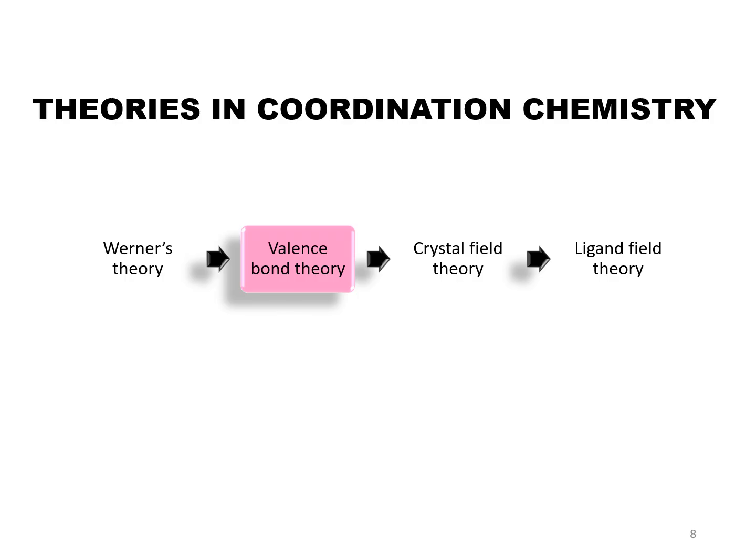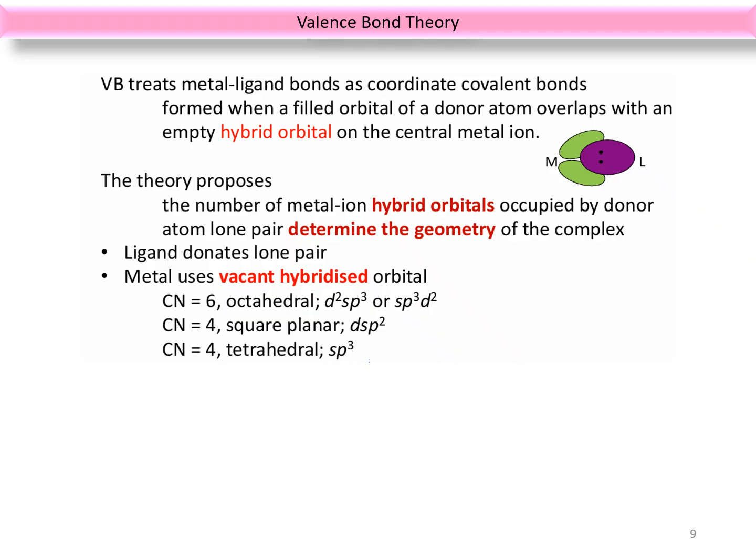The second theory, actually improvising Werner's theory, is the valence bond theory. In the valence bond theory, a coordinative covalent bond is formed when a filled orbital of the donor atom of a ligand overlaps with the empty orbital of the metal center.